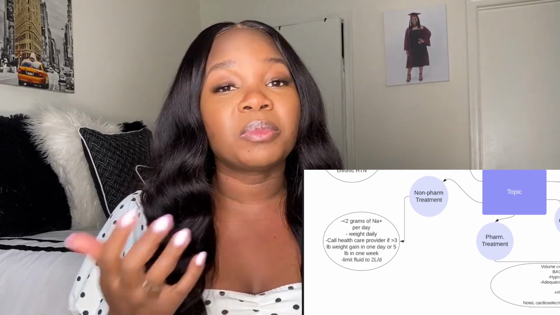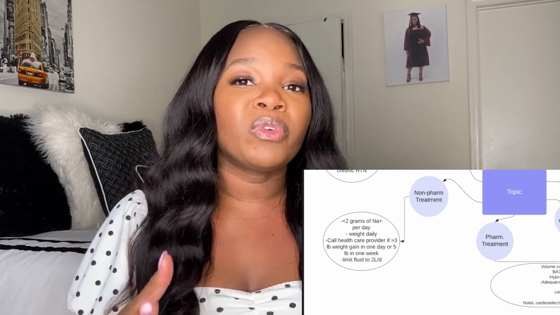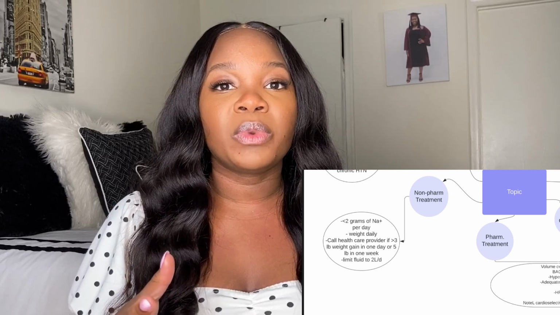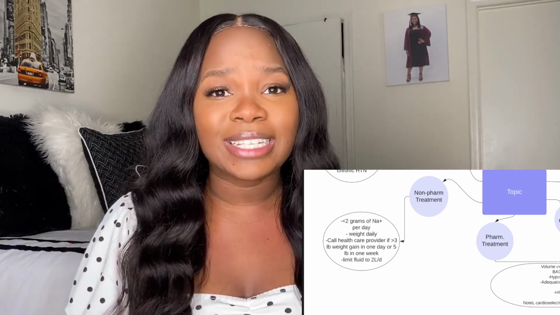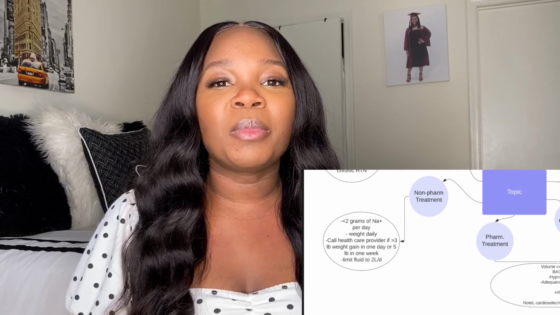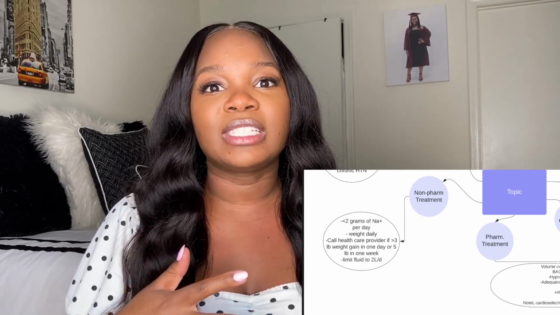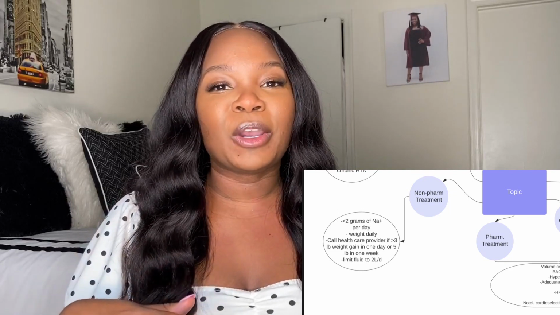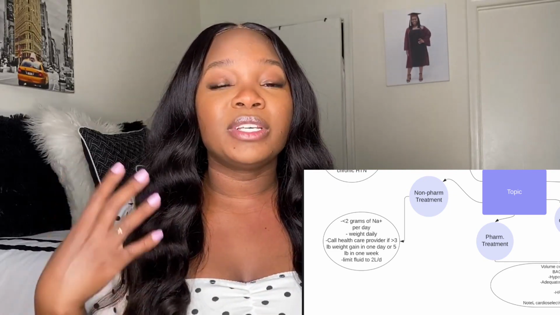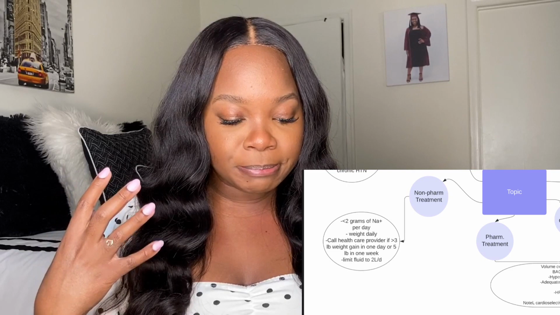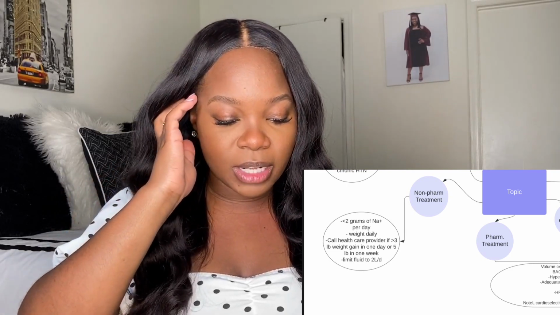So we want to give them some leeway and explain that it may be really difficult to adjust, but there are some methods that we can use, including the DASH diet. So we also want to make sure that we focus on exercise, but things that are heart healthy exercises. So walking every day. You don't have to encourage a patient to instantly start running. So these are all things to think about with non-pharmacologic treatment.